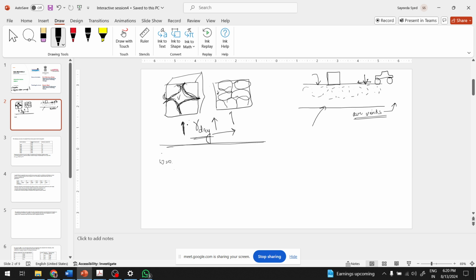So what moisture does is, when you have two particles and you try to compress them in a totally dry state, you will see frictional resistance here.